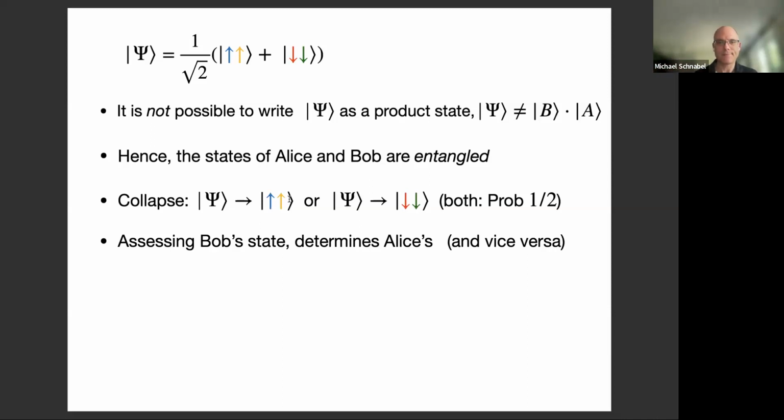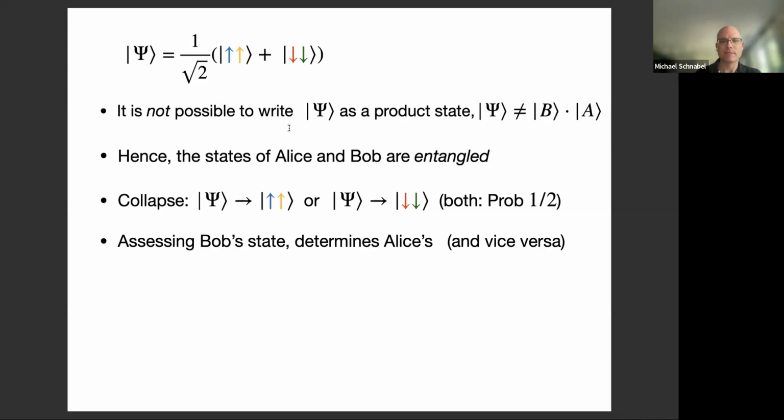Whenever you measure, say, Bob's state, and you find blue, you know immediately that Alice's state is yellow. But according to the Copenhagen interpretation, by doing this, Alice's state is affected by measuring Bob because its ambiguity is lifted.